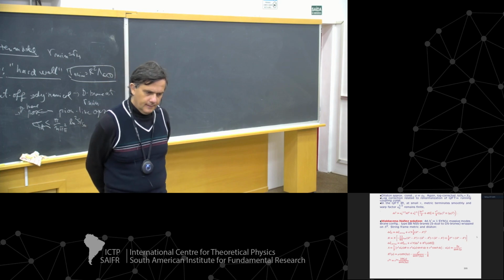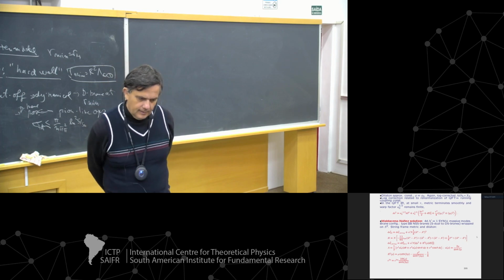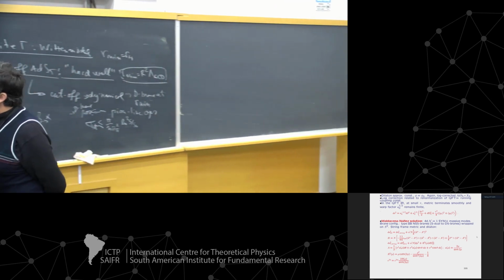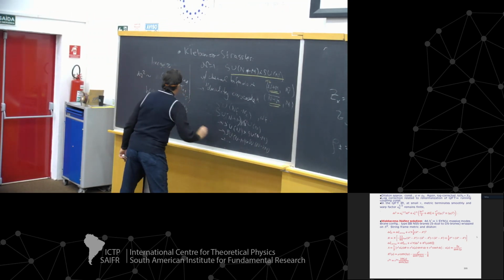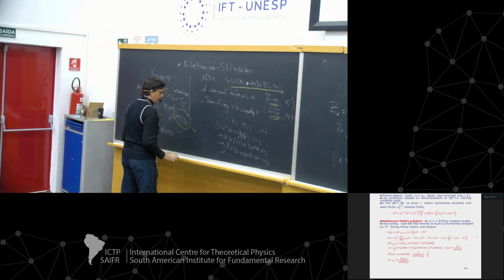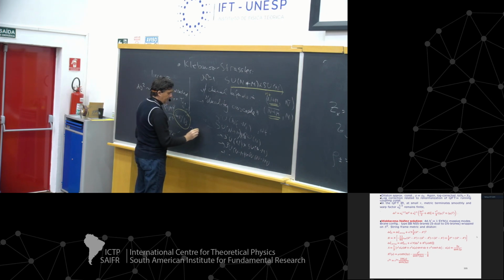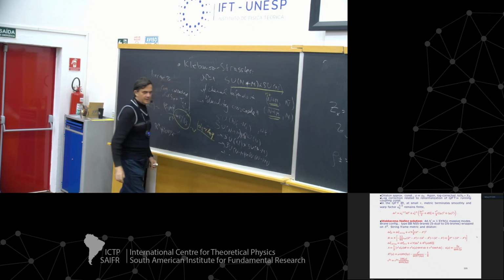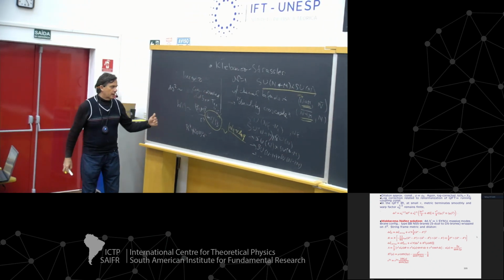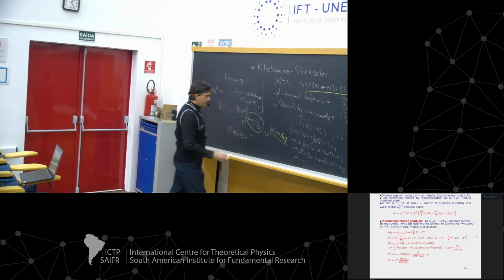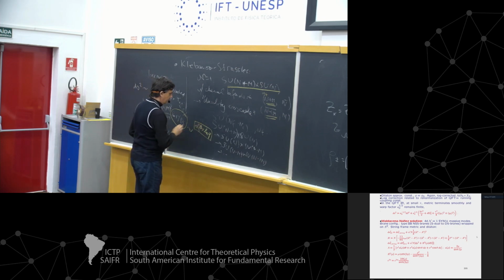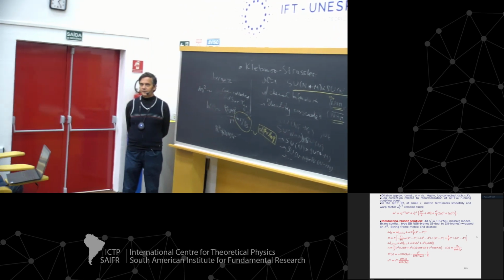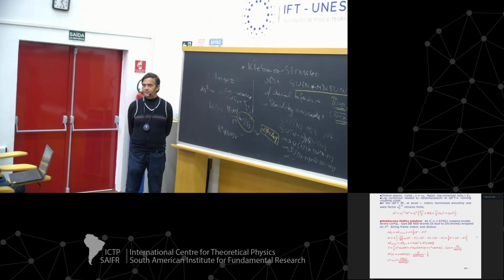So the log correction is now related to the renormalization of the coupling constant. So the coupling constant, at least at one loop, a strong coupling constant at one loop is alpha s of, let's say, Q, goes like log of Q, Q being some energy scale, right?